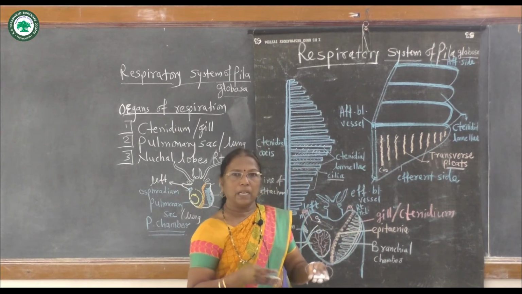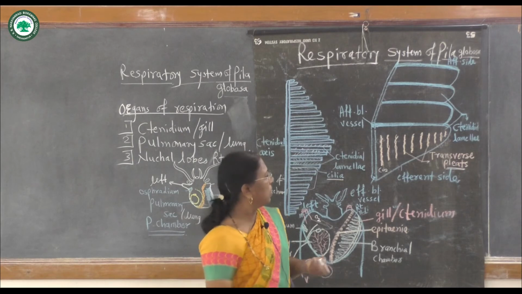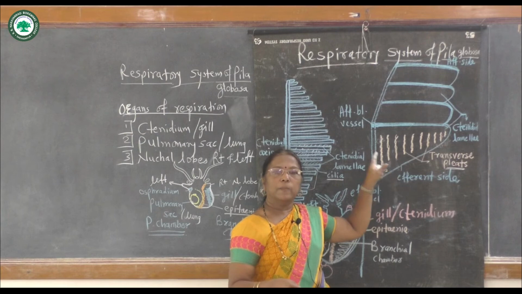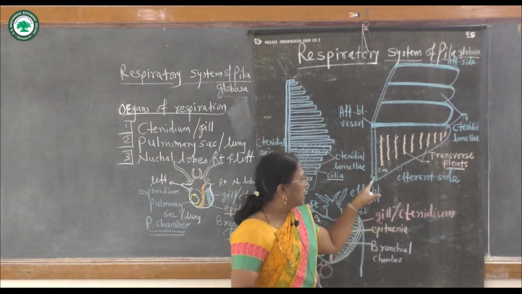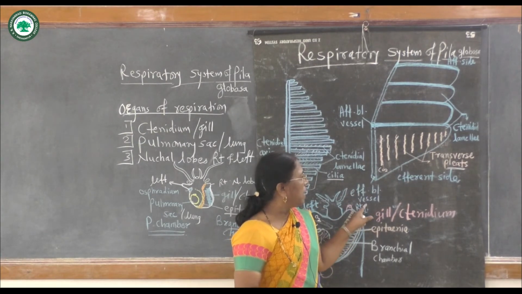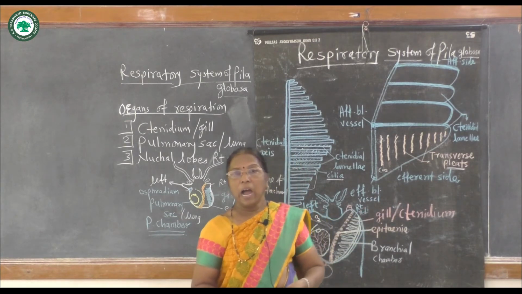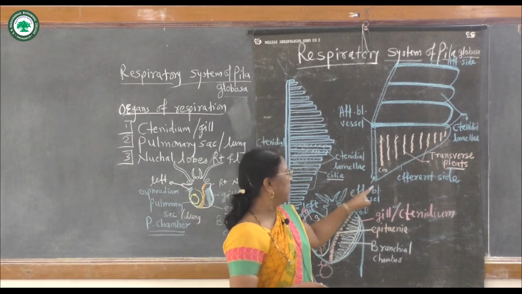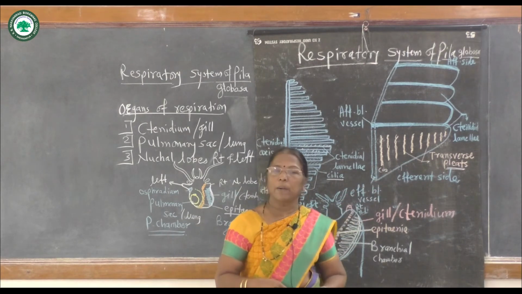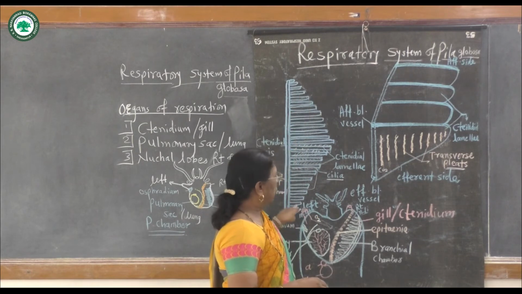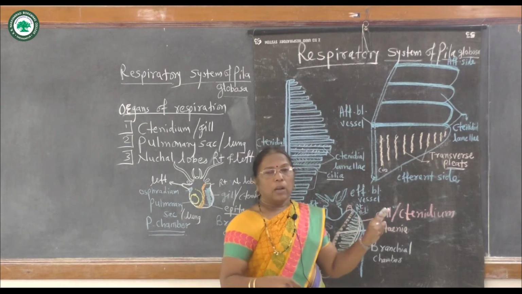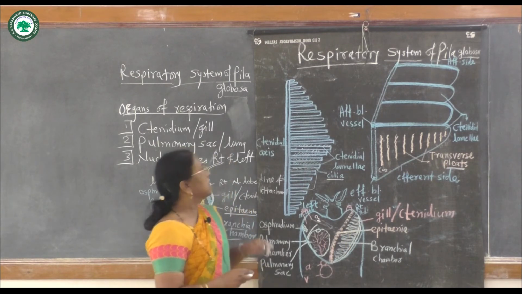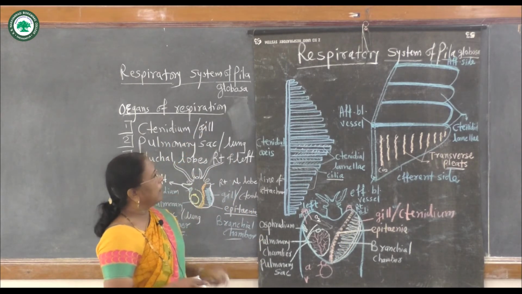When water enters through the left nuchal lobe, as we will see later, this blood becomes oxygenated and is carried by the efferent blood vessel towards the heart, that is the auricle chamber. This means the efferent blood vessel carries oxygenated blood from the ctenidium or gill towards the auricle, the chamber of the heart. This is the ctenidium or gill.